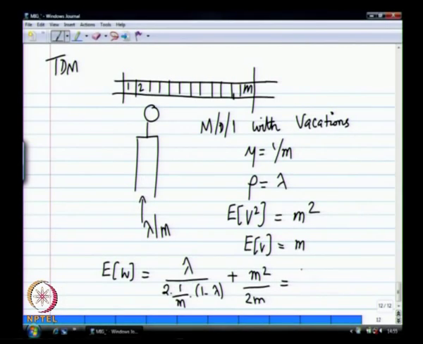So this is m lambda over 2 into the rest. Regardless of the value of lambda, the average waiting time is always going to be higher in the TDM system. So this is E[W] for TDM.